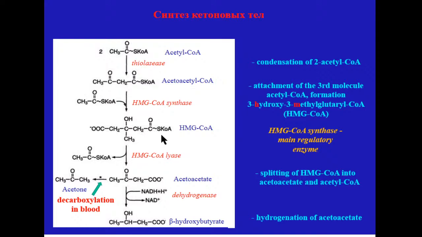We are obtaining HMG, 3-hydroxy-3-methyl-glutaryl coenzyme A. The lyase reaction will take away one acetyl-CoA and we return to acetoacetate, but free, without coenzyme A. This is our first ketone body, which is easily dehydrogenated, hydrogen is attached, and beta hydroxybutyrate is obtained. Acetone is formed by decarboxylation directly in blood and will be excreted from the body. It will not be utilized.